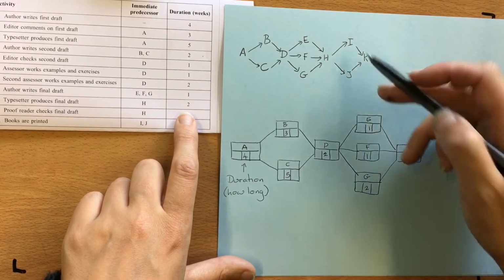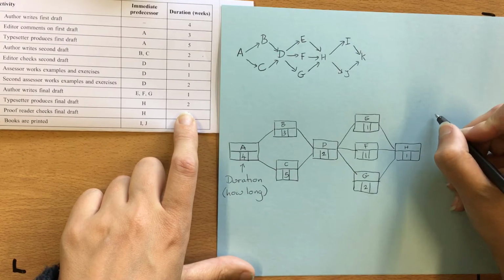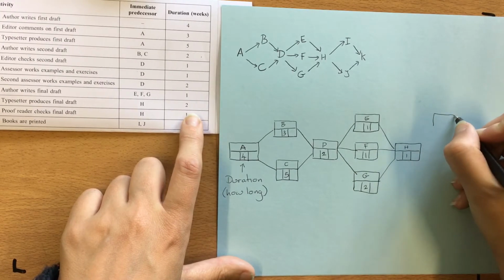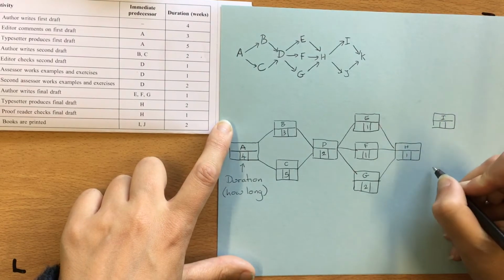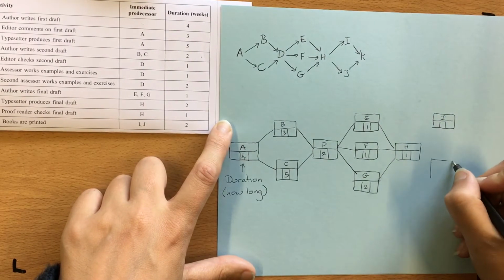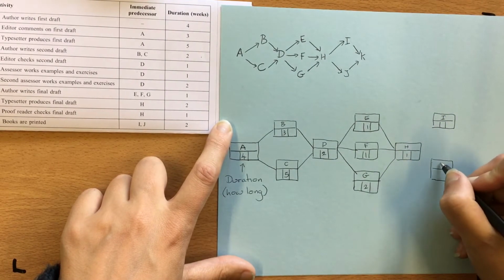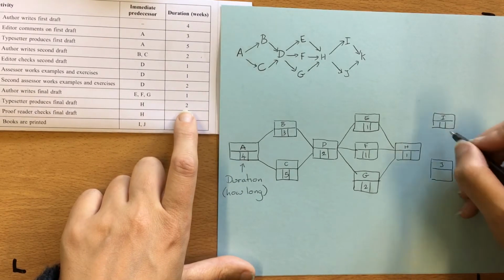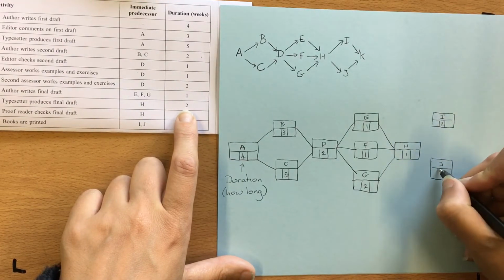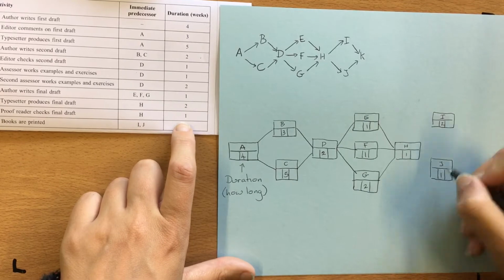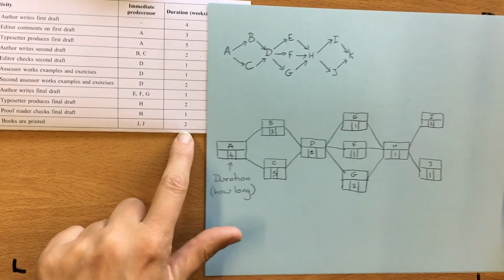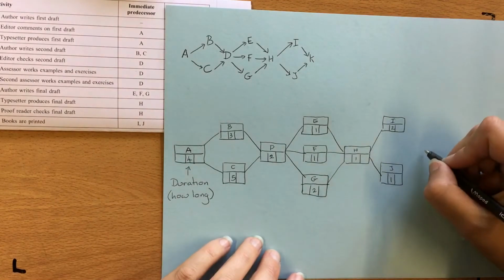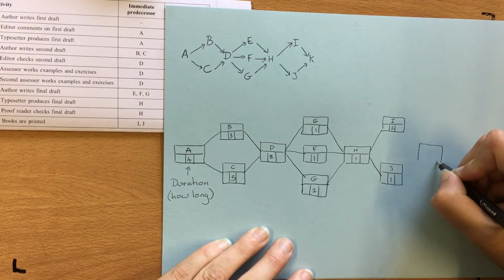I and J are coming next. I has a duration of 2, J has a duration of 1, and then we've got K at the end as our final box.